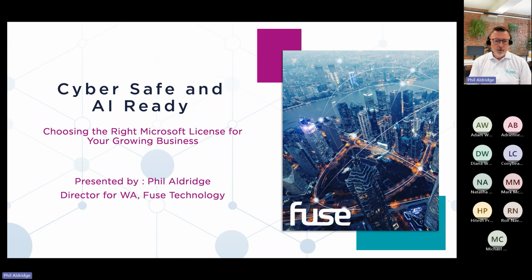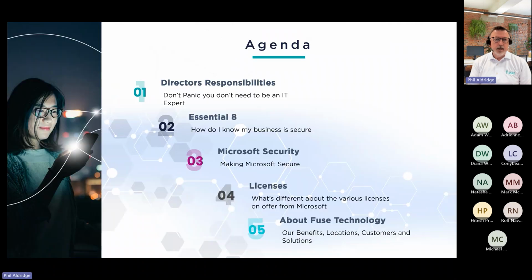So what are we going to be talking about today? Here is the agenda. First of all, we're going to spend a good chunk of time on directors' responsibilities. What do directors have to do? What are they expected to do?